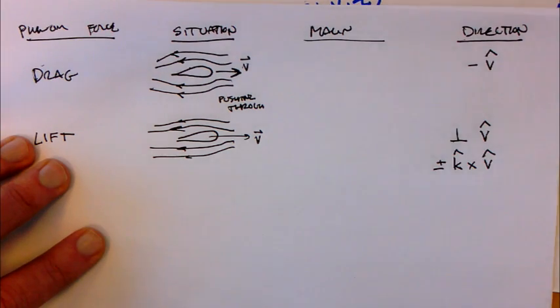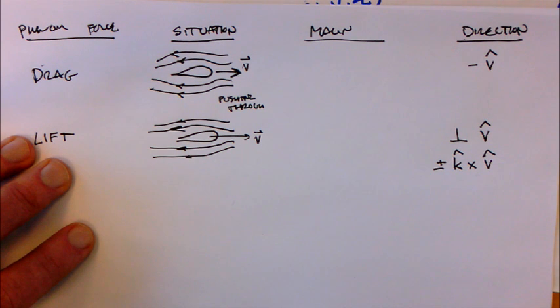The magnitudes of these forces are pretty complicated, and there are a lot of different models that you'll find for it. For example, if you look up drag on a golf ball, you'll find all kinds of really complicated graphs about how that drag force changes depending on velocity and depending on how many dimples there are on the ball and all kinds of other stuff, right?